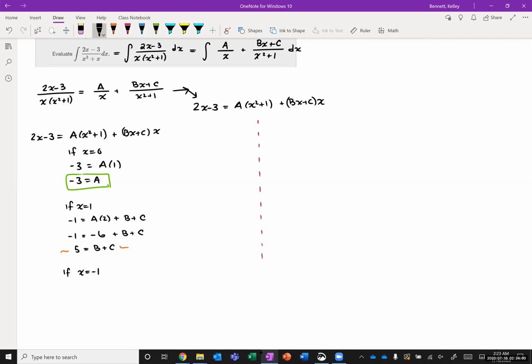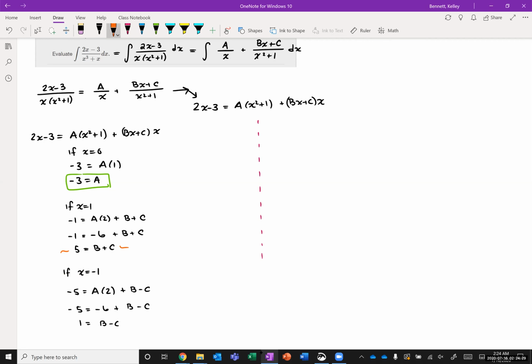So if x equals negative 1, negative 5 equals a times 2 minus b plus c, make that negative, plus b minus c. And again, a is still negative 3, so I get negative 5 equals negative 6 plus b minus c, so that 1 equals b minus c.